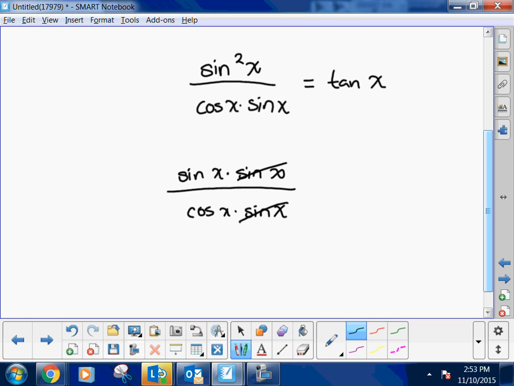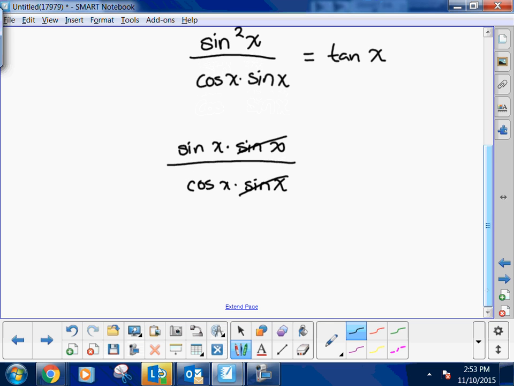And remember, tangent, when you look at your identity property, equals sine x over cosine x. So in this case, we'll have tangent x is equal to tangent x because of this part of it.